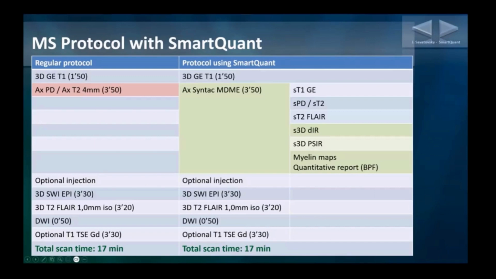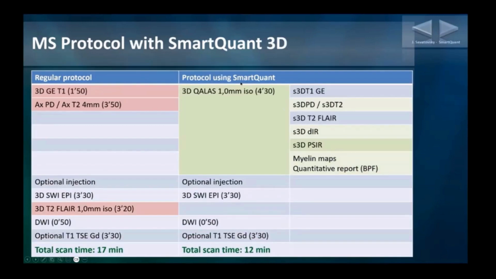I have shown you that the MS protocol that we used with 2D SmartQuant was pretty much the same scan time that we used before, but now that we have it on 3D, it gives us the possibility not only to remove the 2D PD and T2 sequence, but also to remove the T1 gradient T-co sequence and also the 3D FLAIR sequence, and all of that will be replaced by a single 4-minute sequence that is 3D, that can be used for reformats, and on which you will have all the sequences that you need and that you can now remove from your standard protocol.